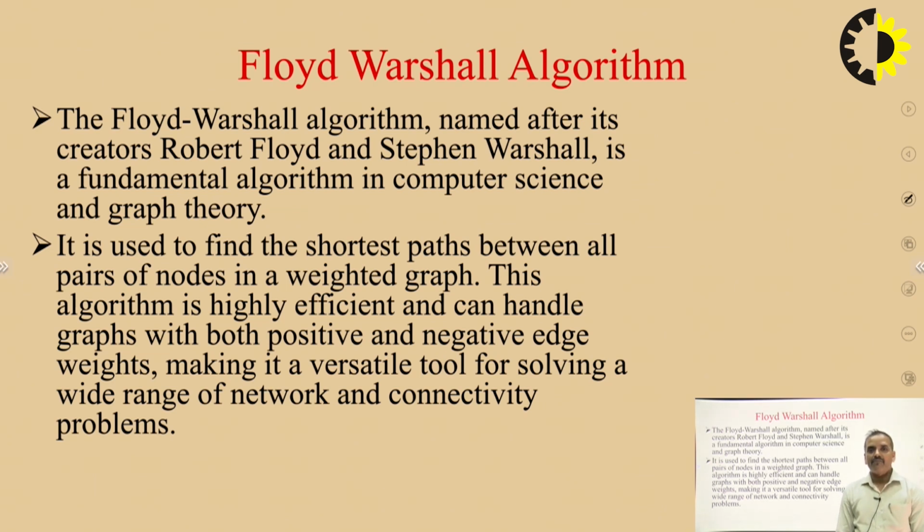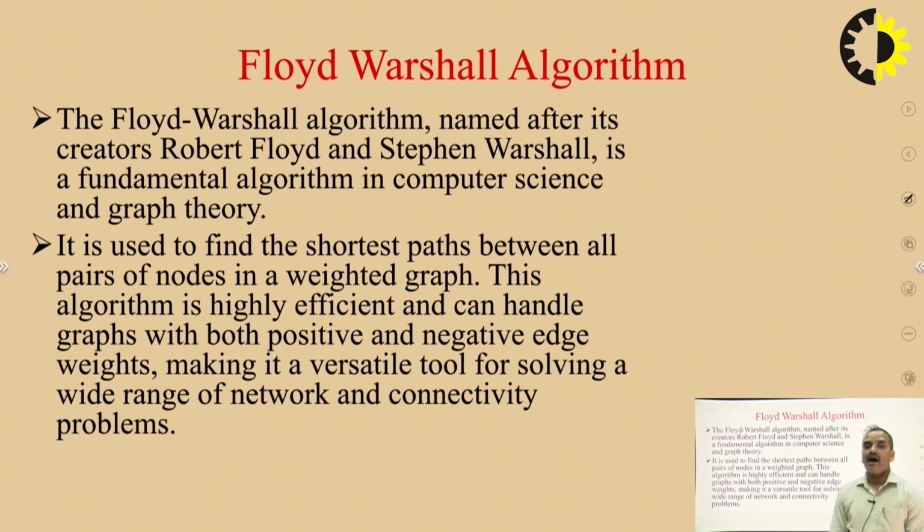The weight of an edge may be positive or negative. This algorithm is highly efficient and can handle graphs with both positive and negative edge weights, making it a versatile tool for solving a wide range of network and connectivity problems.